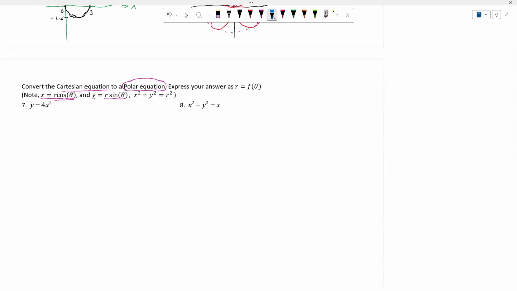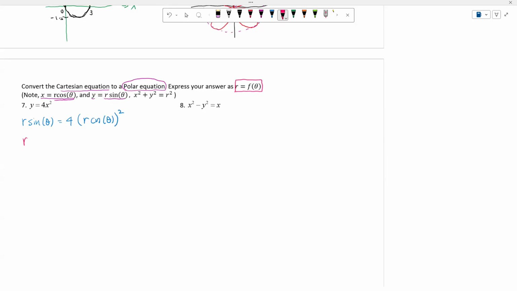So basically when you see y, you change it to r sine of theta, and that is equal to 4 times r cosine of theta, squared. And then you have this in polar form already, but the harder part is how do we solve for r.